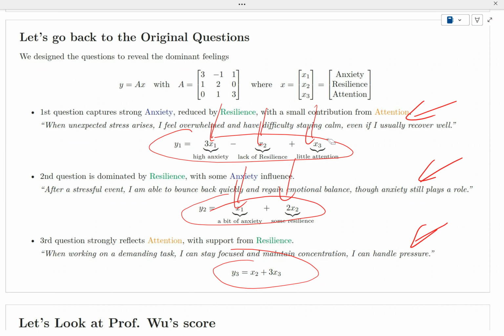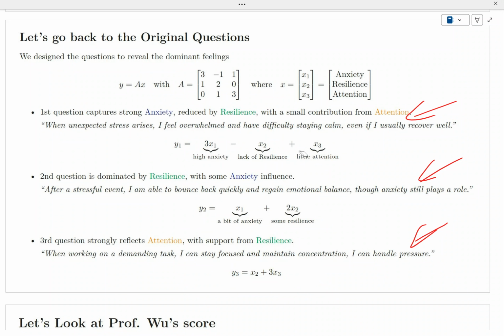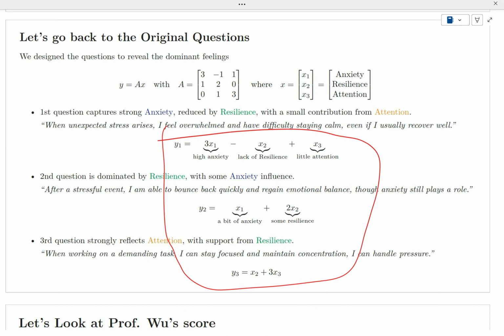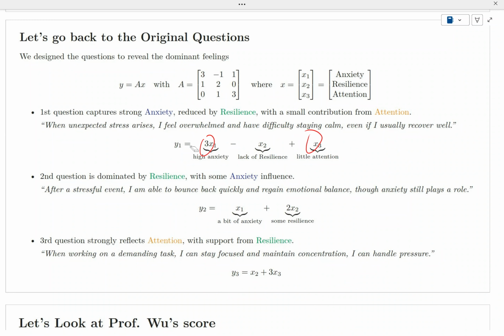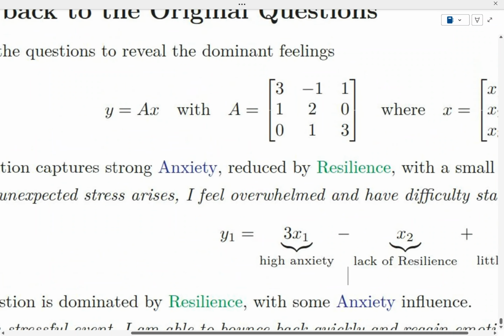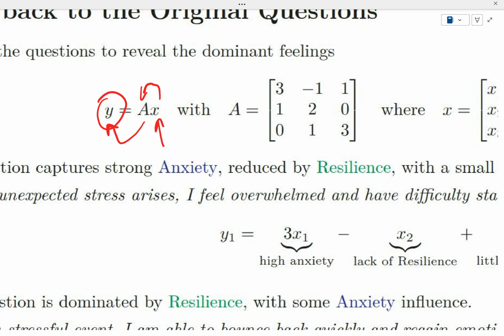It's not an exact science, but this gives you the general idea of why certain questions make the anxiety score higher or lower. So you notice we now have three equations, and the numbers 3, -1, 1 can be placed into a matrix. Whatever you are truly feeling, x, multiplied by A results in the score that you gave.